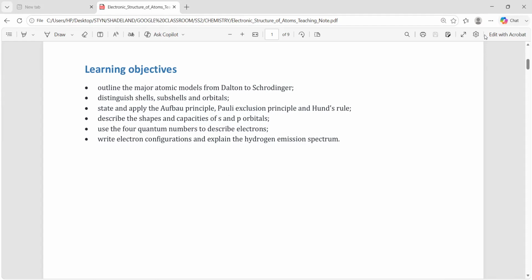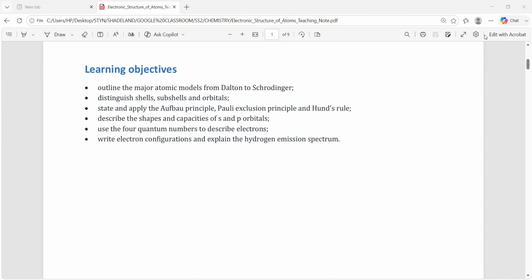Now you are promoted from shell 1, shell 2, shell 3. We are entering what we call subshells. Then inside the subshells, we are going to be looking at orbitals. Inside the subshells, there are orbitals. Okay, these are the things we are going to be looking at today.